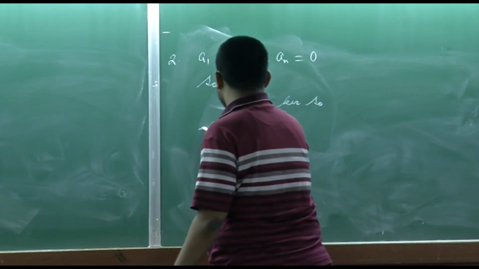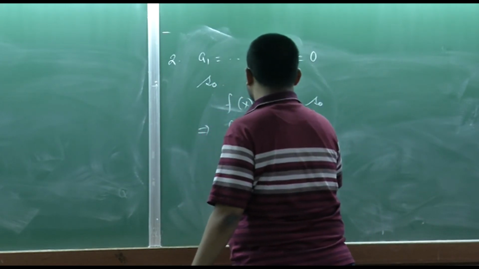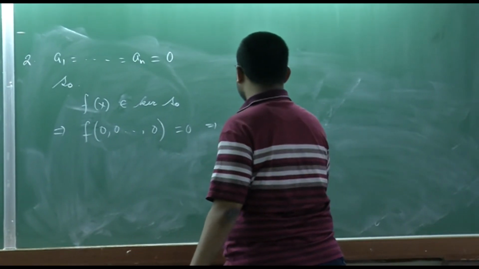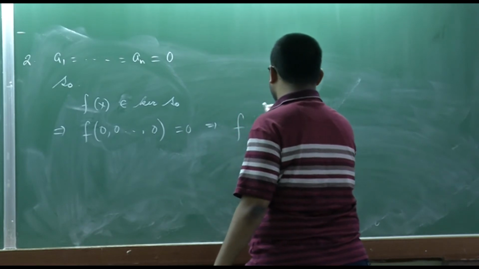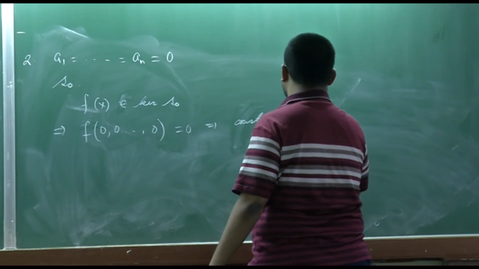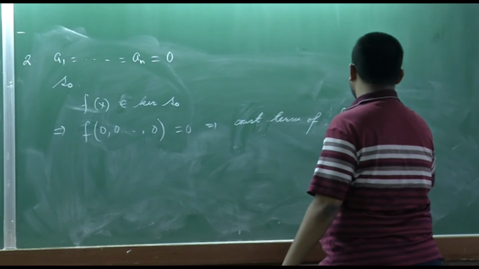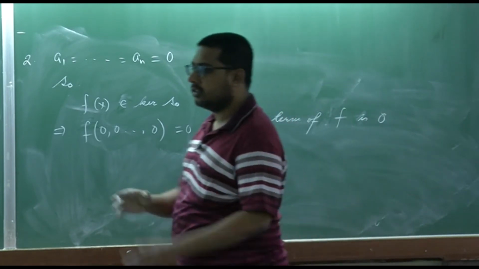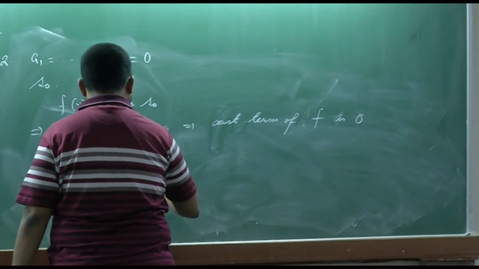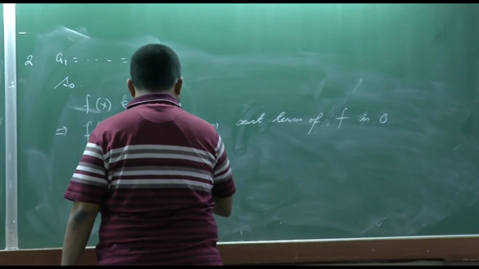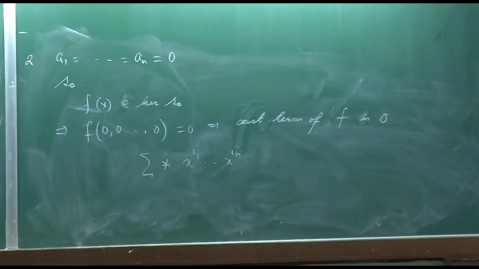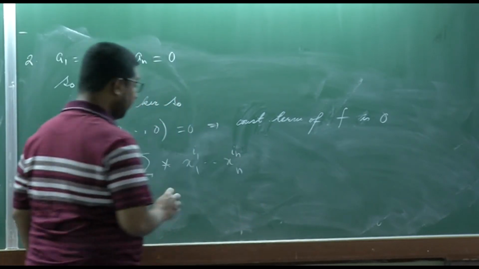It means that f(0, 0, ..., 0) is 0. That means the constant term of f is 0. If the constant term of a polynomial is 0, then every monomial, so f is basically of this form: some coefficient times x1 to the power i1 up to xn to the power in.